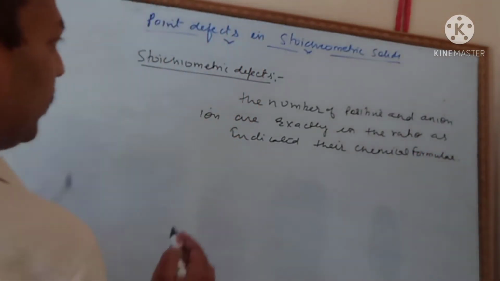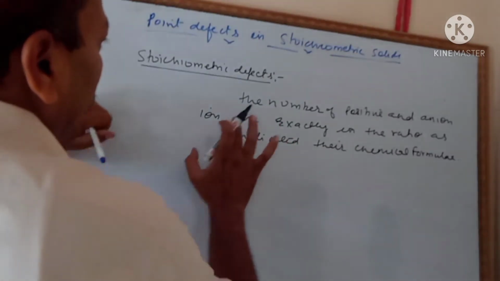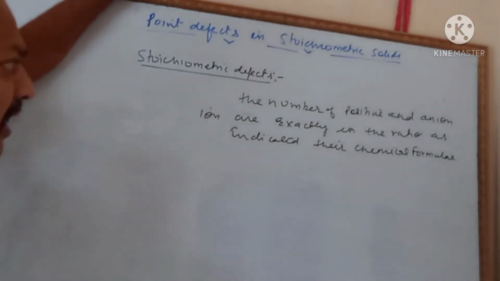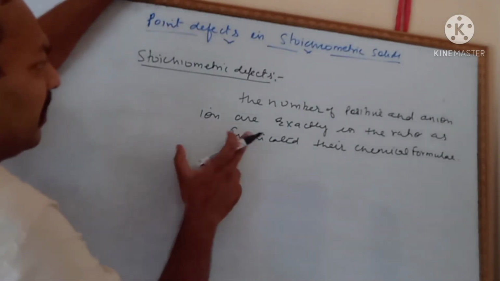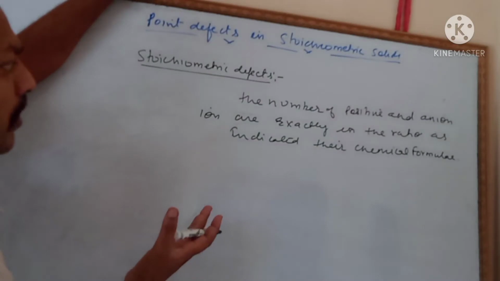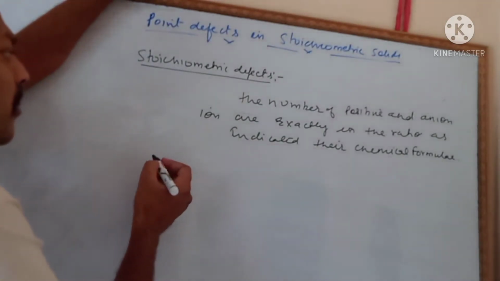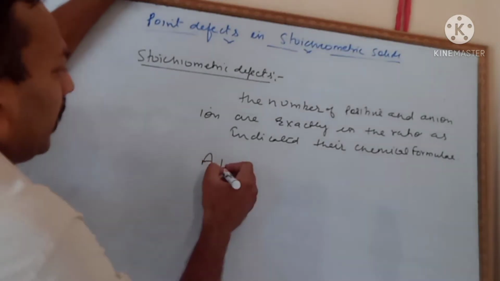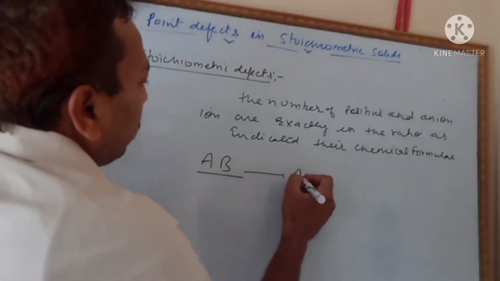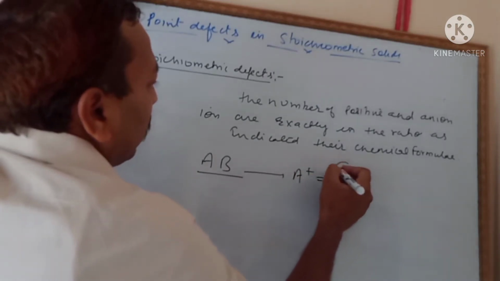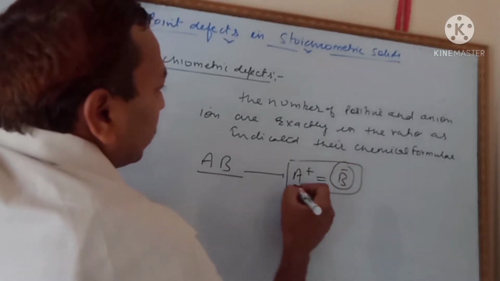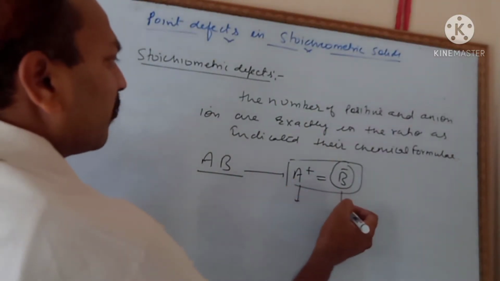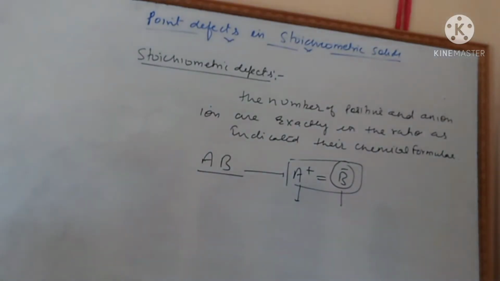So this is the concept. The number of cations and anions are exactly in the ratio indicated by their chemical formula. For simplicity we can consider the compound AB. This AB contains an equal number of cations and anions, so it is a stoichiometric compound. The number of cations and anions is the same, in the same ratio.